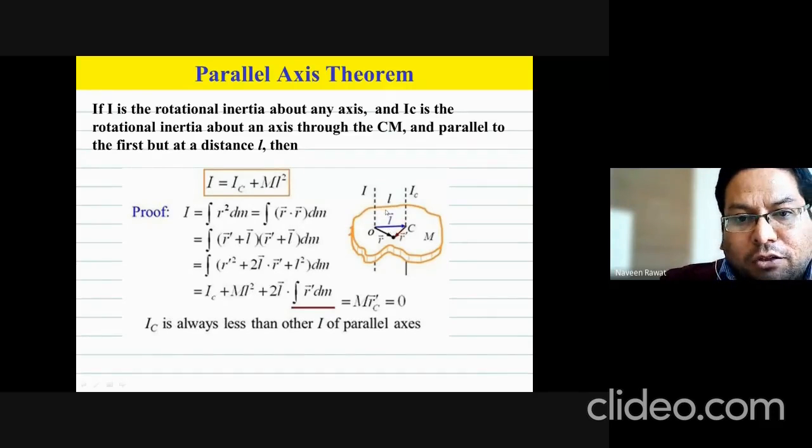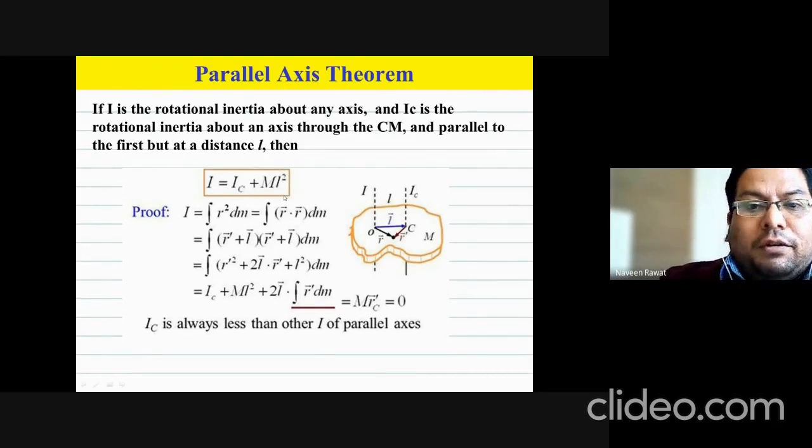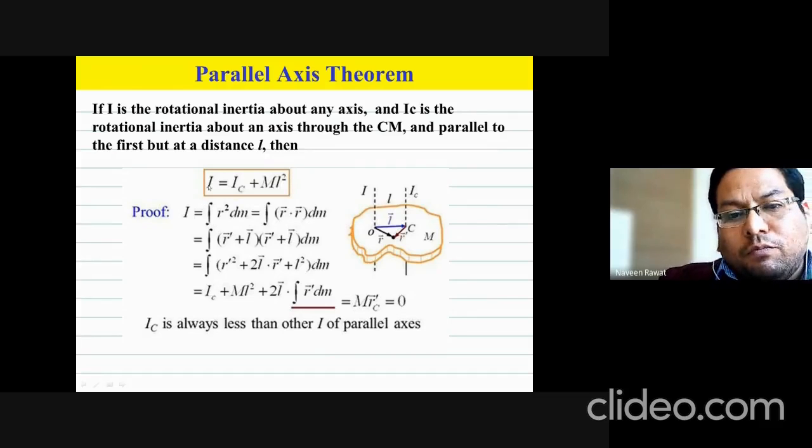To do that, we have the relationship from the parallel axis theorem that I is just going to be the I through this center axis plus the total mass of the object times the distance square, and that will be equal to your moment of inertia about the axis at O. The proof of this is very straightforward.